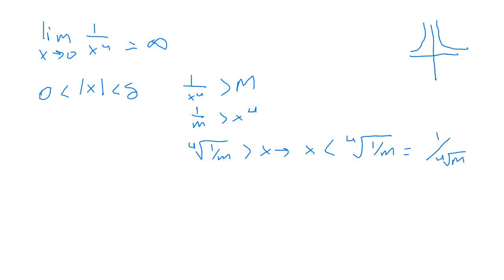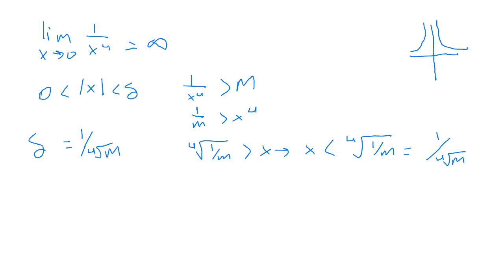So now that we're back to having this x right here, since we know that x has to be positive, we can ignore the absolute value sign. We can go ahead and say that our delta is equal to 1 over the 4th root of m, but we have to check that real quick.